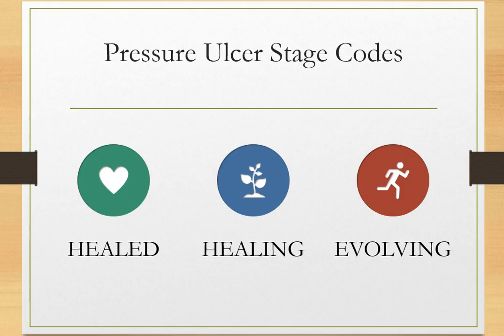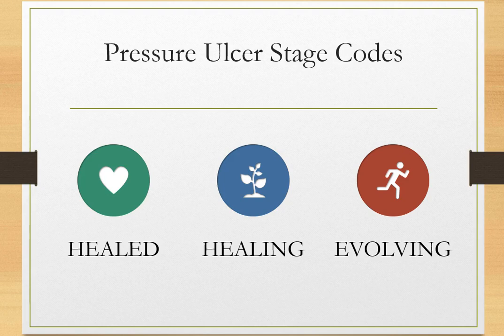All right, now we can also have situations where the pressure ulcer has healed. If the provider states that the pressure ulcer is completely healed, no code is assigned. Now, what about when the ulcer is documented as healing? Here, you're going to assign the code based on the stage that's documented in the medical record.